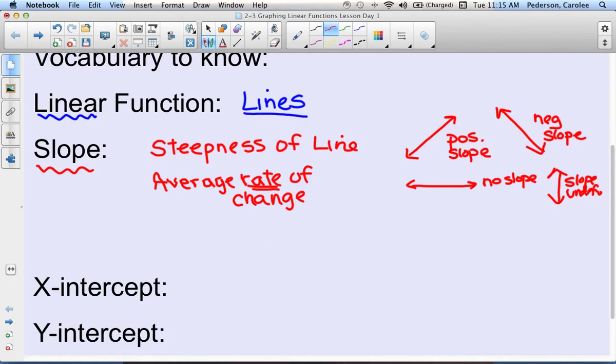There's an equation that we use in slope to help us to find it. It's the letter m for the variable. And how you do this is take two ordered pairs and subtract the y's and subtract the x's, and that's how you can find the slope. You can also find it by taking the rise over the run.